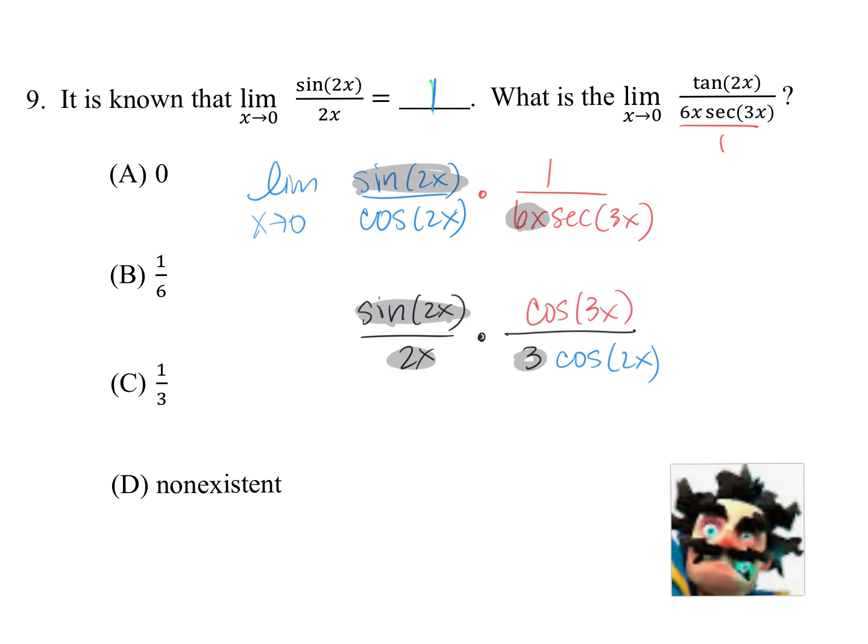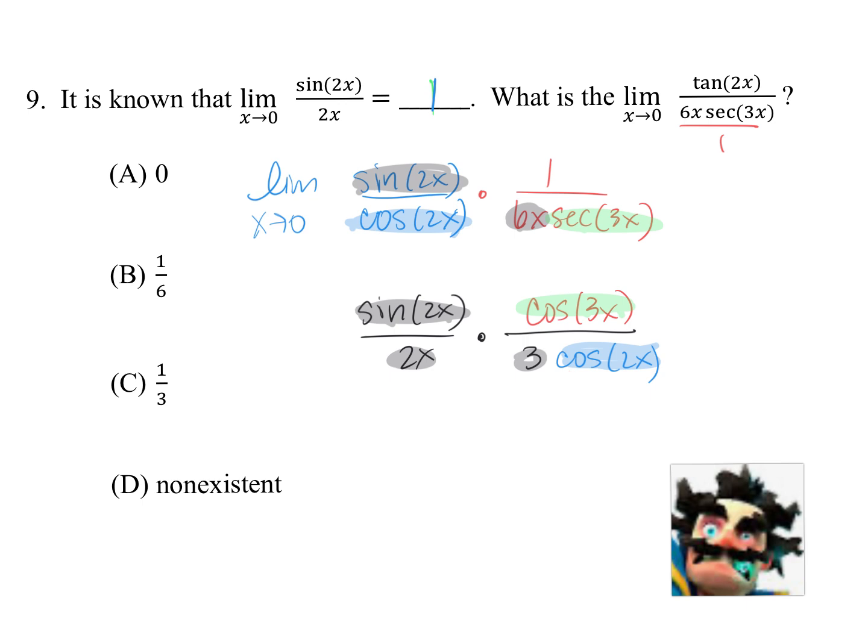So is everything accounted for? Is this secant of 3x accounted for? It is. It's the same as cosine if secant was in the bottom. Is this cosine of 2x still accounted for in the bottom? It sure is. So if I multiplied these straight across, would I still get what I started with? I would. It just looks different. Okay, again, not expecting you to do that on your own.